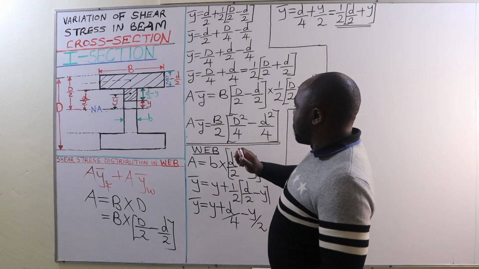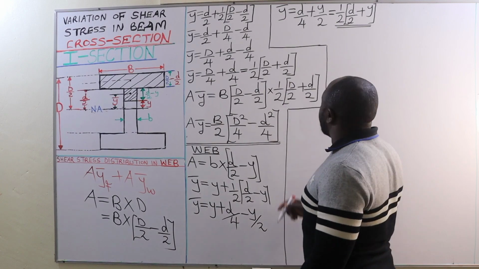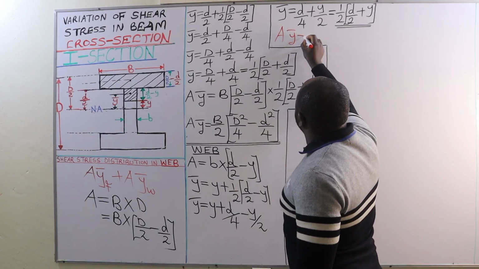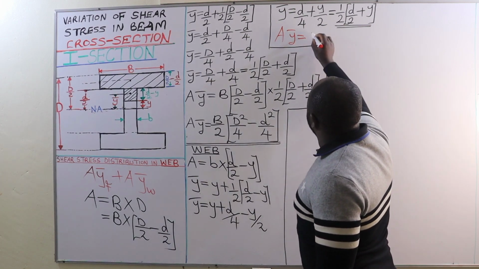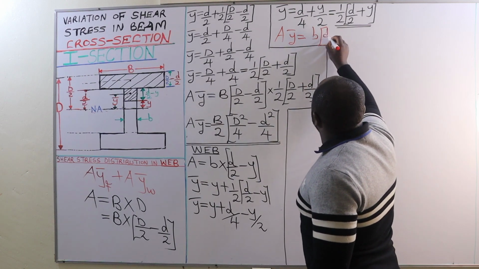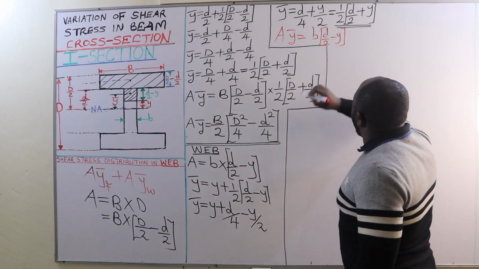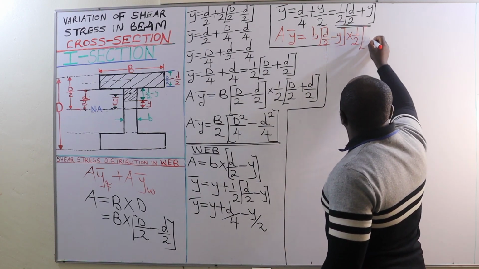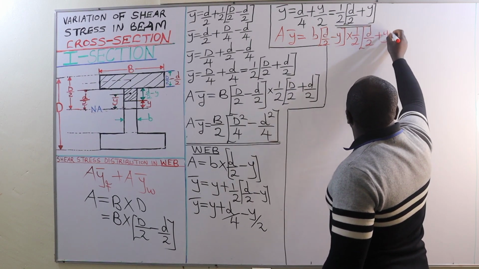Multiplying the two, that is A times bar y for the web, the area of the web is b into d over 2 minus y, and bar y is a half into d over 2 plus y.